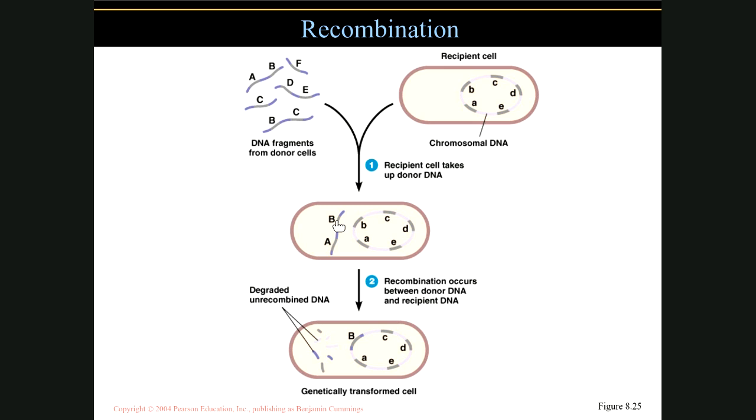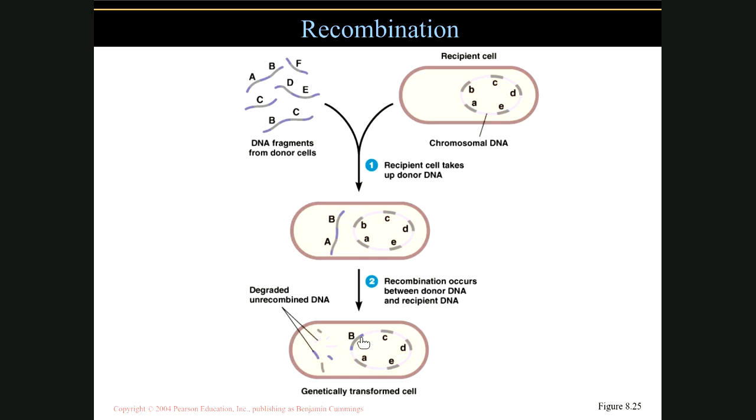And so part of the bacterial cell's defense, sort of part of its immune system, quote unquote, is to destroy linear DNA. So in order for this linear DNA to survive and serve any purpose, it must recombine with the host chromosome and integrate. So if that happens, then the DNA survives.